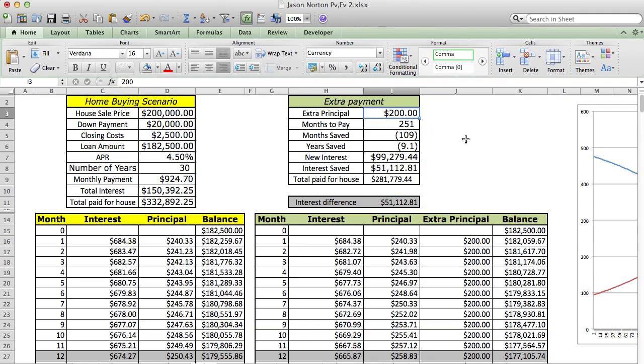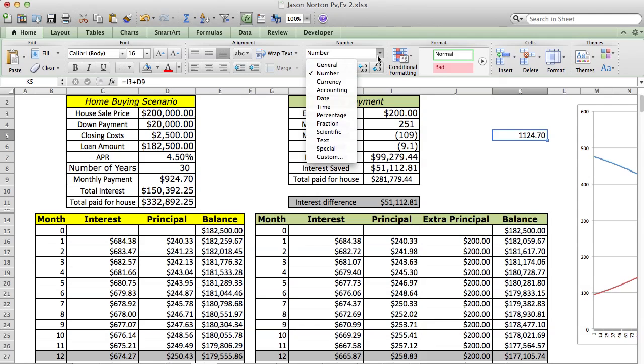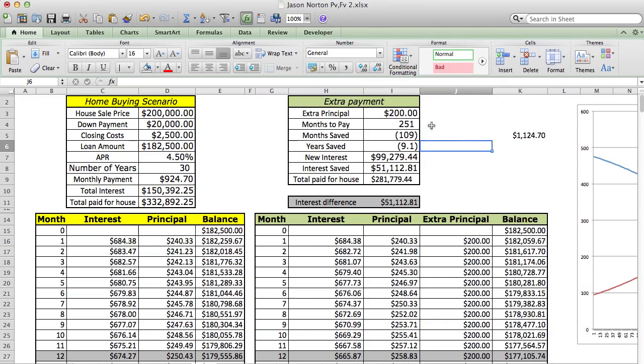So I can do this really quick. Your payment, you'd be making the 200 plus the 924, so you'd be making just over $1,100 monthly payment. A lot of people will pay more than that in rent.